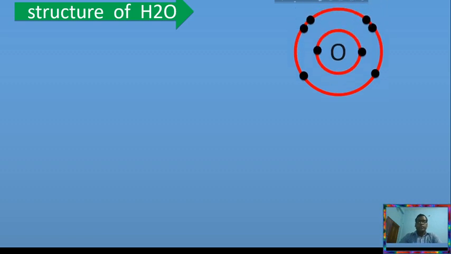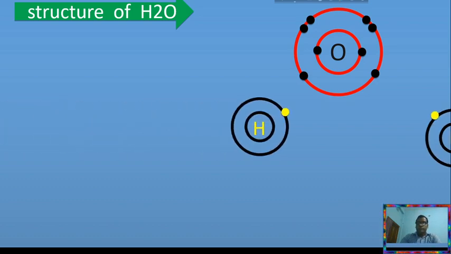If we want to know the solubility of different types of compounds in water, first of all we have to know the structure of water. You know, water consists of 2 types of atoms, hydrogen atoms and an oxygen atom. This is the oxygen atom, with only 6 electrons in its outermost principal energy level. If oxygen wants to gain an electronic configuration like neon, it needs another 2 electrons.